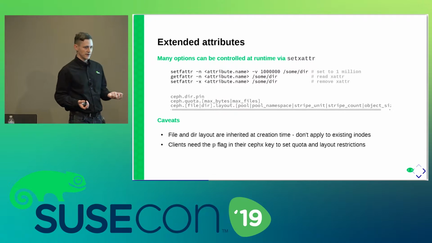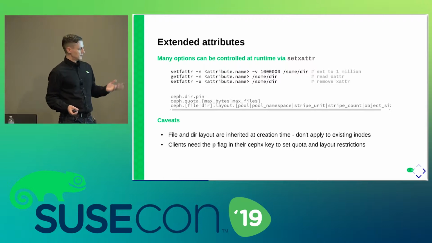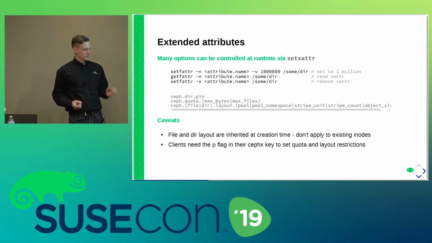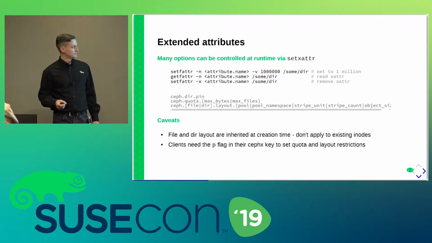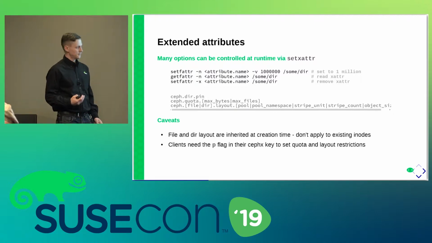So say you have a directory that once an hour gets a high I/O load. You would just activate an MDS for it, say rank 2, and you would pin this one directory to rank 2, and that would keep all your other directories in your CephFS fenced off from this high I/O load.